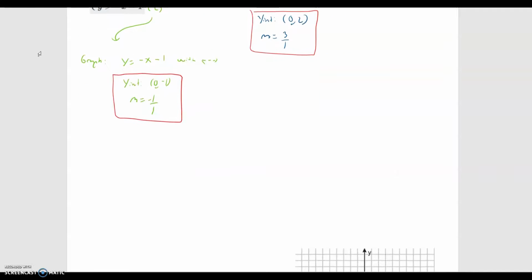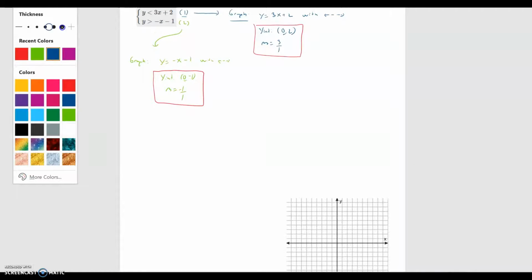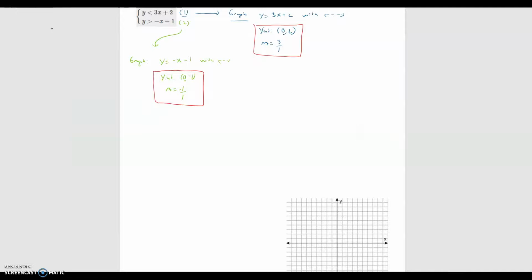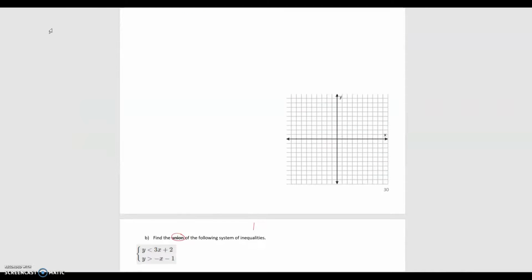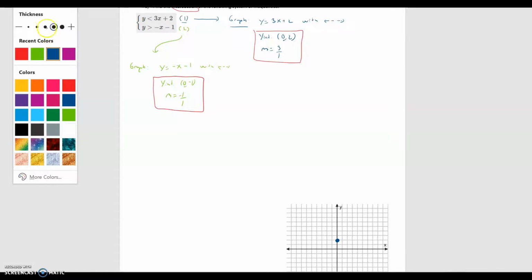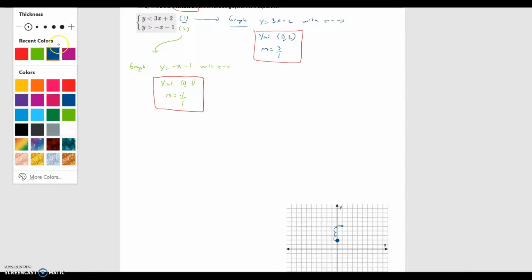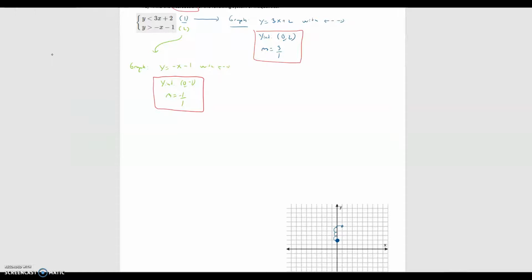And let me put the dots so that I can insert the lines. So for the first one, let me put those dots in blue. The y-intercept is 0, 2. That's going to be here. And then we're looking at a slope of 3, positive. So 1, 2, 3, and 1 to the right. That's going to be our second dot.